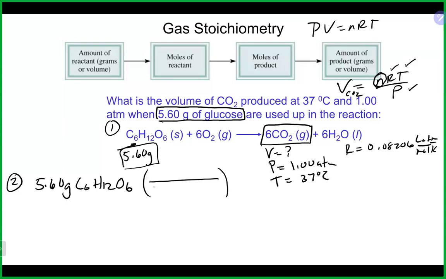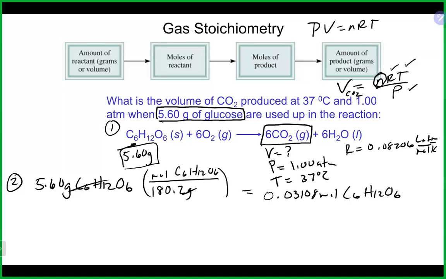That will give us 180.2 grams per mole of our C6H12O6. That gets rid of our grams and converts this into moles, and if we do that, we end up with 0.03108 moles of C6H12O6.